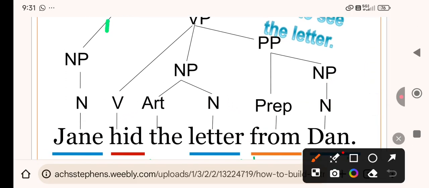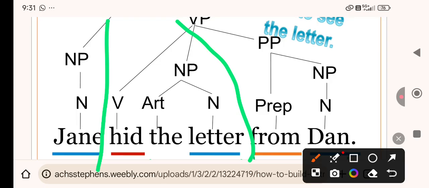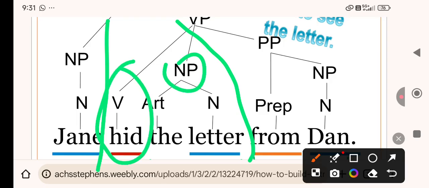Hid the letter, that's a verb phrase, right? And in the verb phrase it is this way. Hid is a verb and the letter, right? So here three branches are there, but the next branch is the prepositional phrase from Dan.